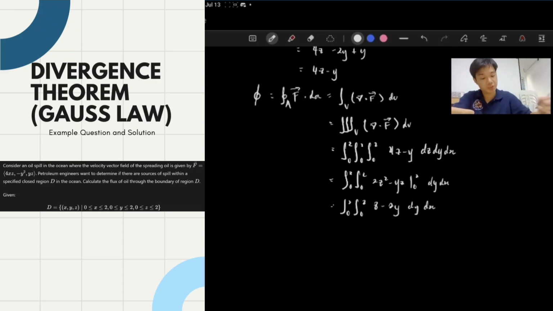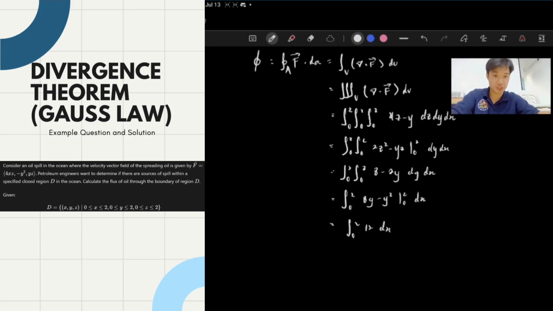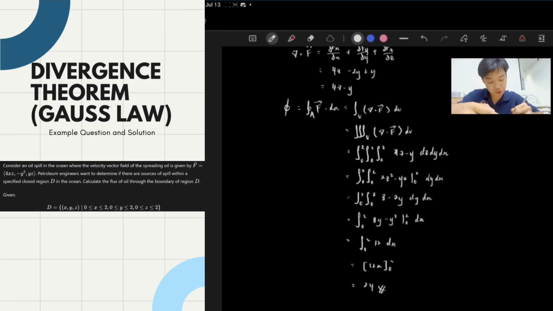We integrate the second function that we just got with y. So we get 8y minus y squared. We sub in the value for y, and we'll get 12 dx. And we integrate the last function with dx, we'll get 12x. Sub in the values, and we'll get a total flux of 24.